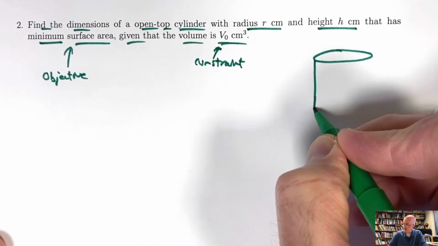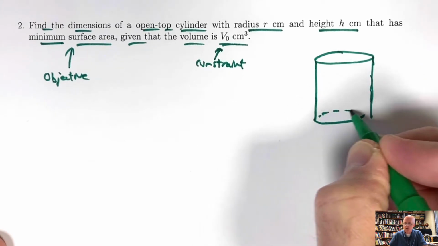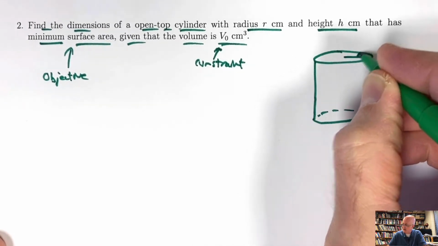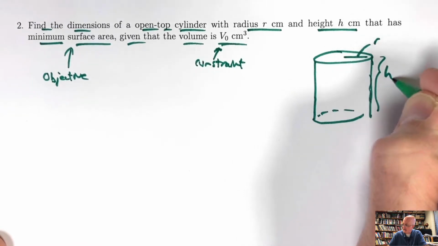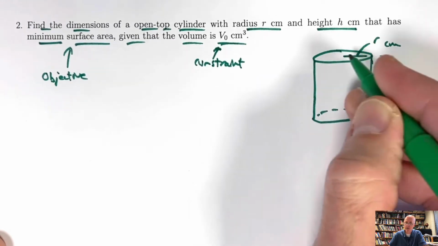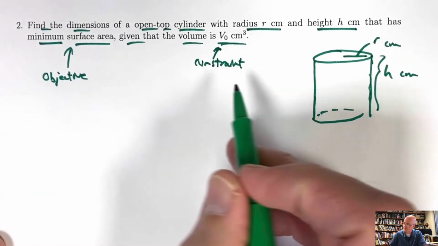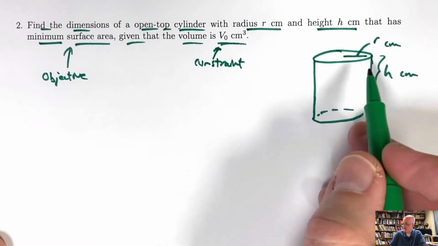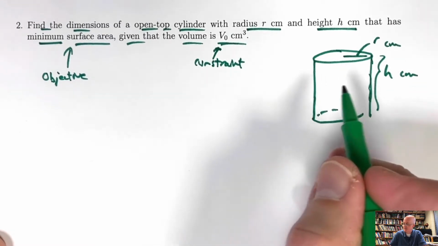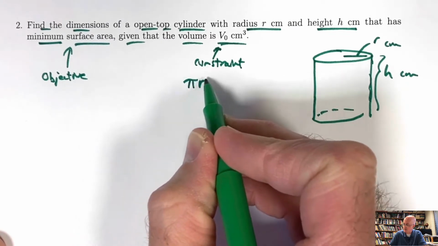Cylinder, again, is like a can shape. Like that. It's got a radius of r and a height of h centimeters in both cases. It is open top, so we're not going to include the top as far as the surface area goes. But we don't have to think about the top itself being open or not to think about the volume. Volume of a cylinder is pi r squared h, right?